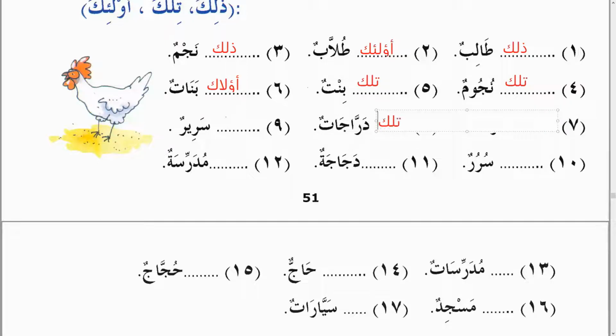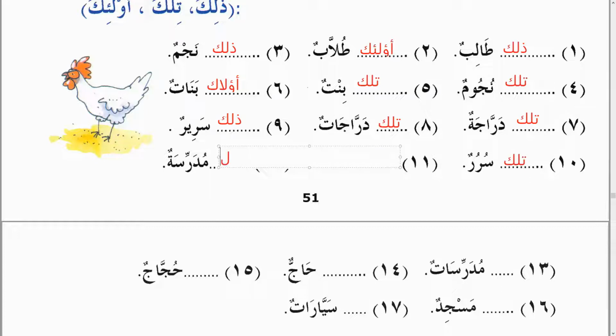Kullu jama muannas. Sarirun tilka? No. This is zalika. Because sarirun is masculine. Sururun. Plural. Sarir plural is surur. Tilka. Those are beds. Tilka, yes. Jazakallahu khair for participating. Tajajatun tilka. Mudarrisatun tilka.